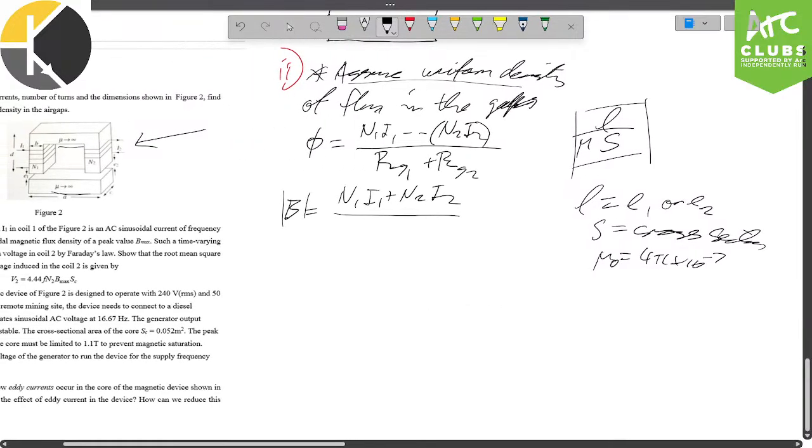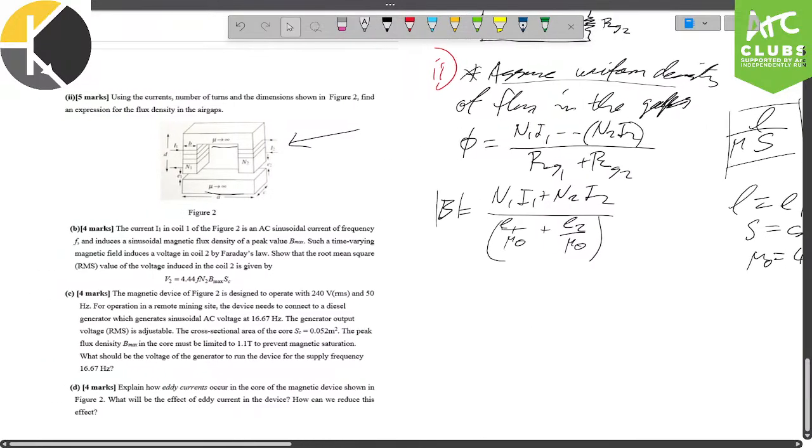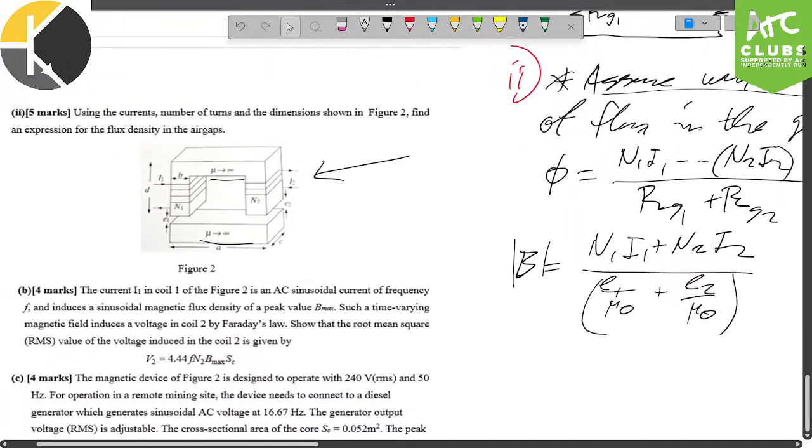So flux on S is going to give me B. So I'm dividing everything by S, so I need to multiply the denominator by S. So I get E1 on mu 0 plus E2 on mu 0. So I can just factor mu 0 out. All right, fantastic stuff. That is the flux density. That is that question, I believe.